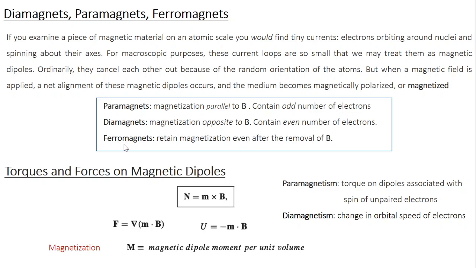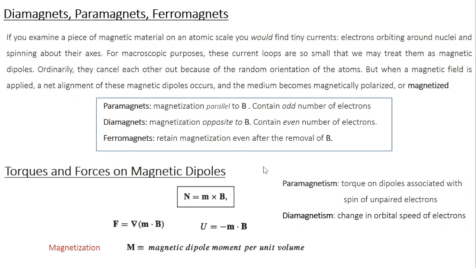Now, ferromagnets are similar to paramagnets, where there is a net magnetization in the direction of the applied magnetic field. But the main difference is that in the case of ferromagnets, even if you remove the external magnetic field, a part of the magnetization is retained. So these are the materials which are used for making permanent magnets. On the other hand, in the case of paramagnets and diamagnets, once you remove the external magnetic field, the magnetization is completely lost.